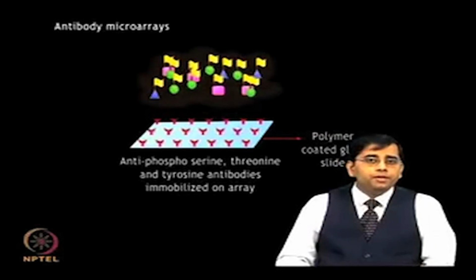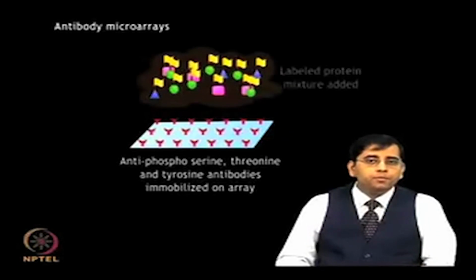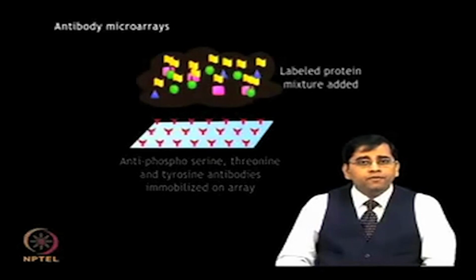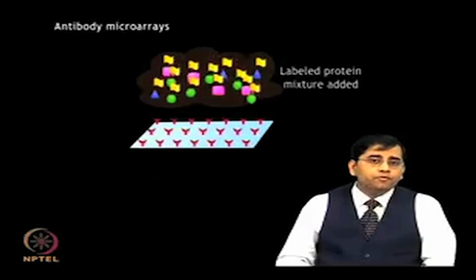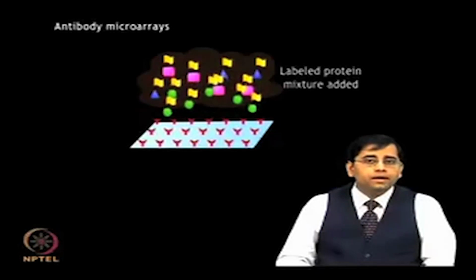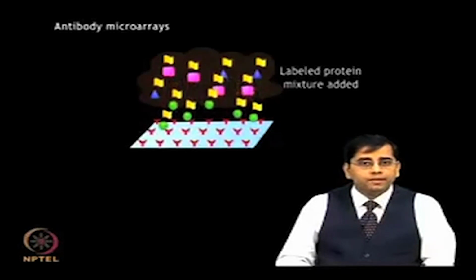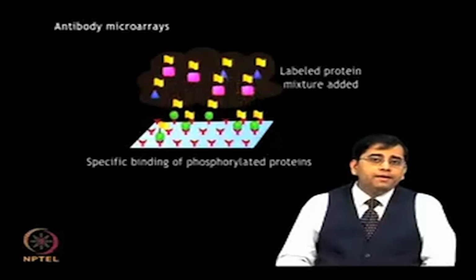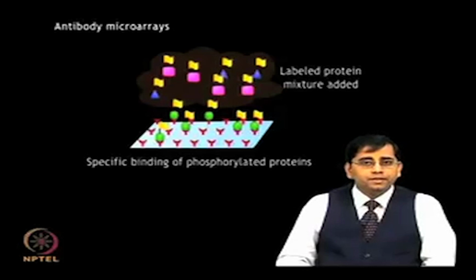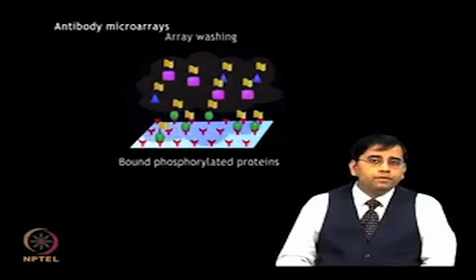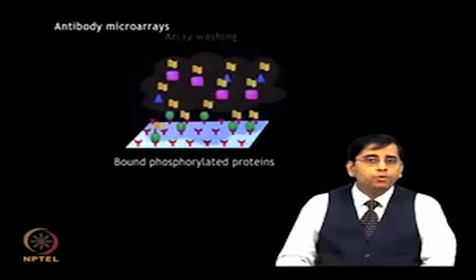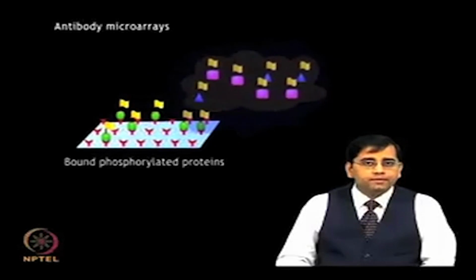The complex protein mixture containing modified and unmodified proteins is labeled with a suitable fluorescent tag molecule and added to the array surface. Specific binding interactions occur between the phosphorylated proteins and their corresponding antibodies. The array is washed to remove any excess unbound proteins from the surface.